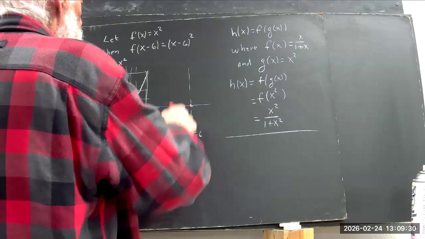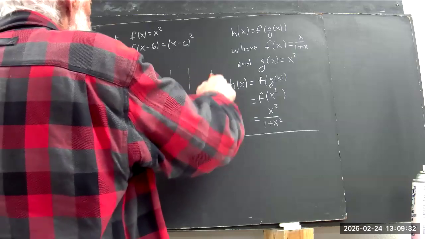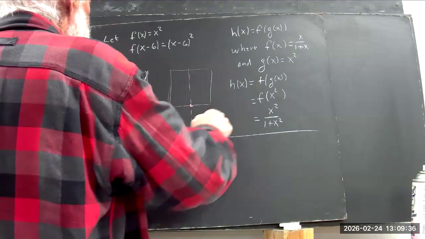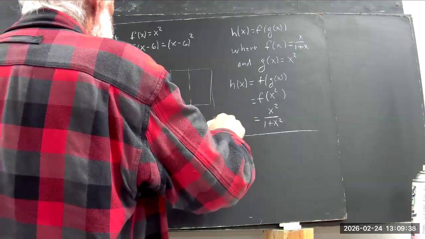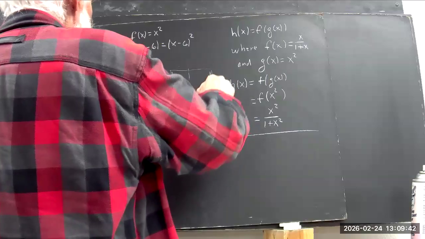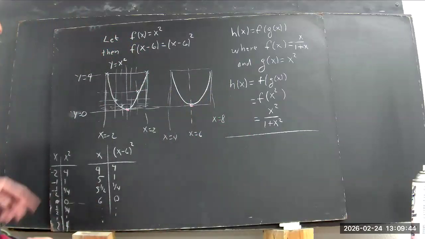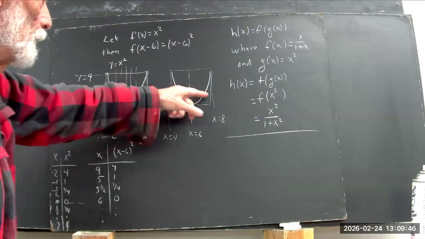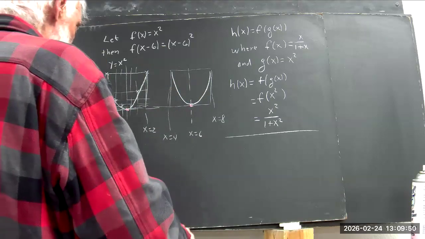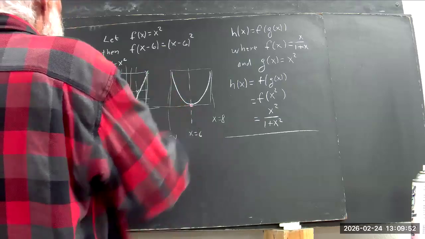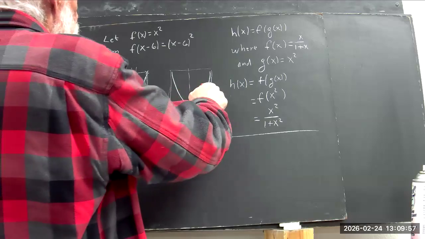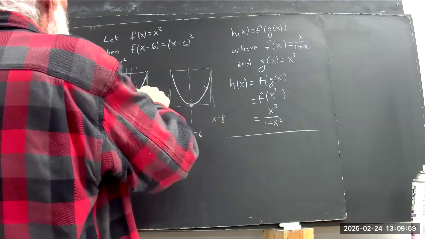Well, then I can move 2 units to the left of 6 and 2 units to the right. I get x equals 4. And 2 units to the right, I get x equals 8. And it's going to turn out that my graph is here. And every point is moved 6 units to the right.